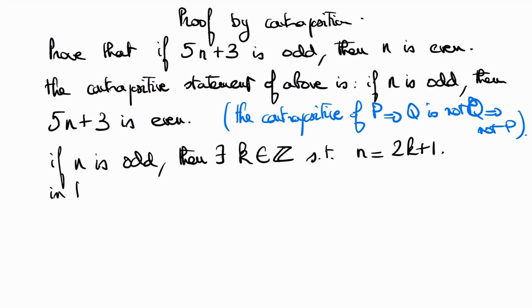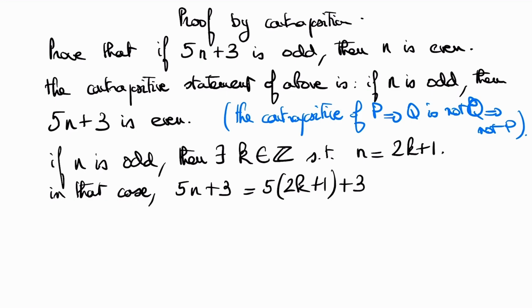So in that case, 5n plus 3 is equal to 5 times (2k plus 1) plus 3, which is equal to 10k plus 5 plus 3, which is 10k plus 8, which is basically 2 times (5k plus 4), and that is even.